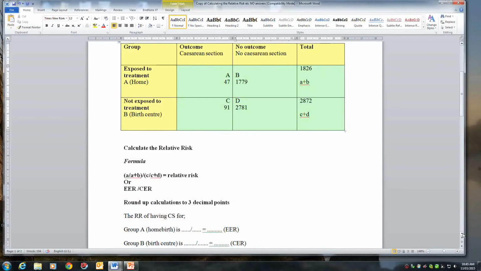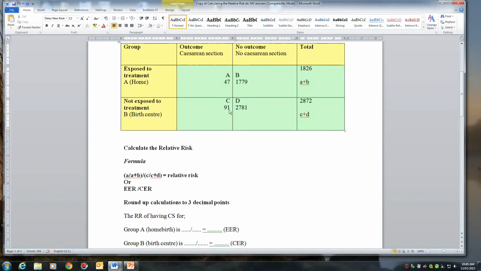So you'll recall that we have a bit of a different formula for relative risk rather than odds ratio. So these letters refer to the cells, and we have A over A plus B. So that will be this cell, 47, divided by this cell, the A plus B, which is 1826.